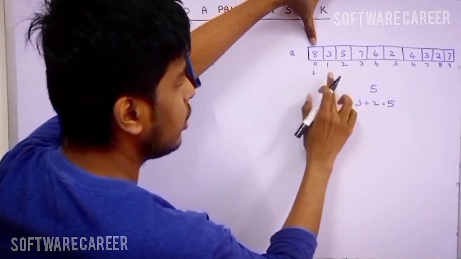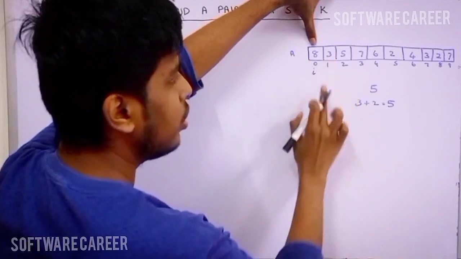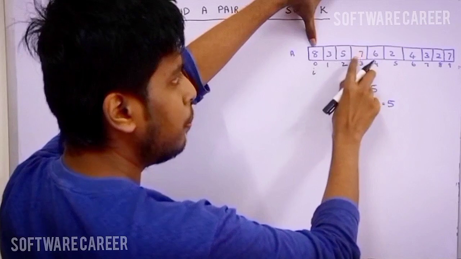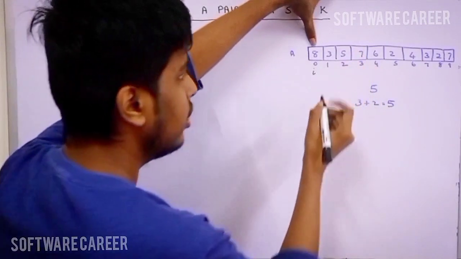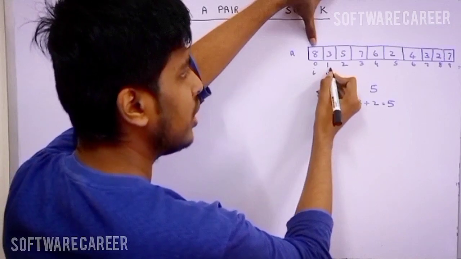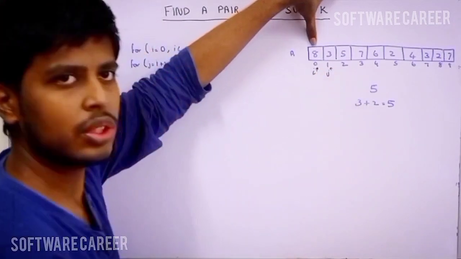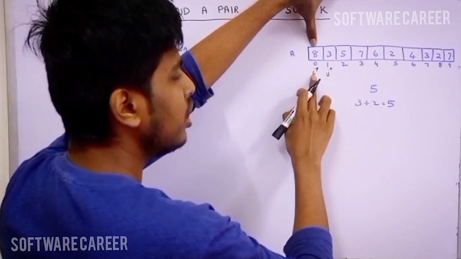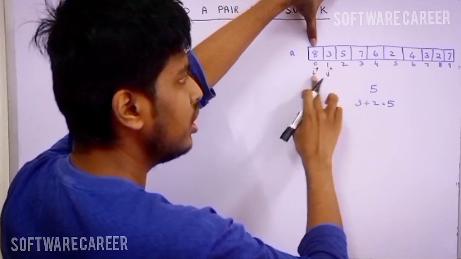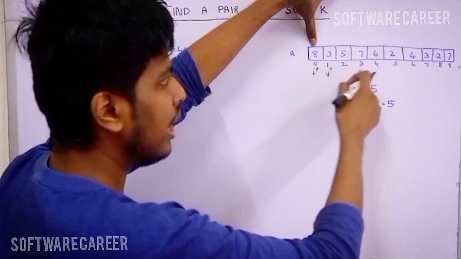Now I am comparing 8 plus 3 equals 5 or not, then 8 plus 5. To compare I need another index j. So j starts from here. j points to 1 and i points to 0. I'll compare the 0th index with the first index, then the second, then the third. Like this I will add and check.